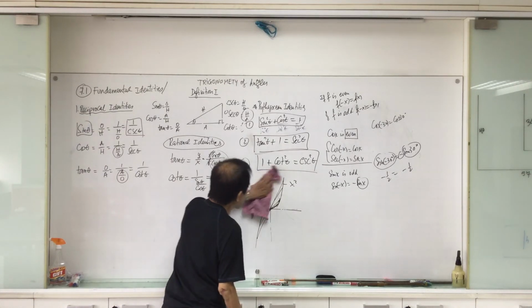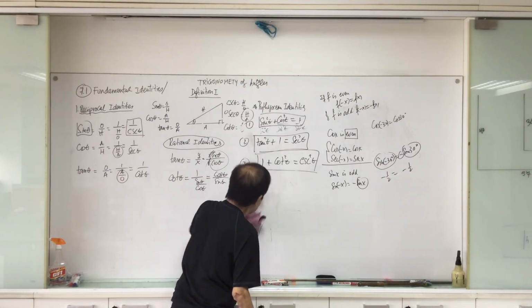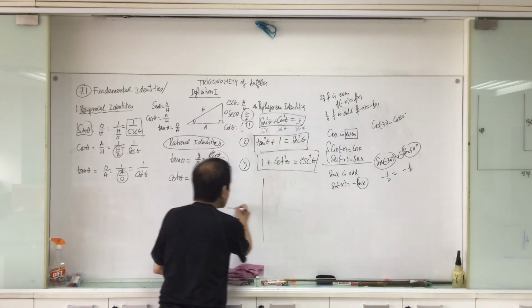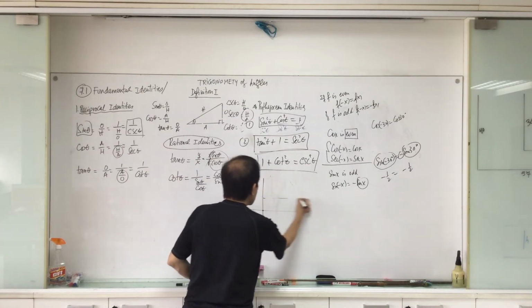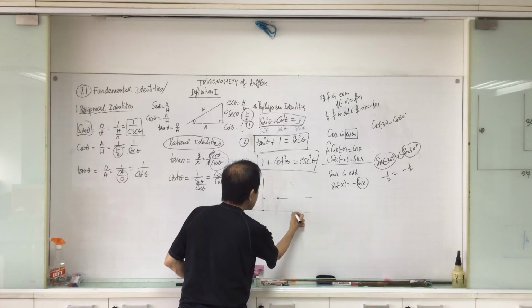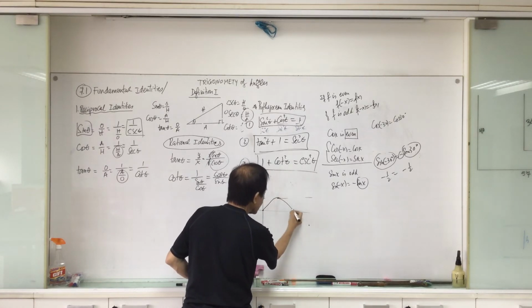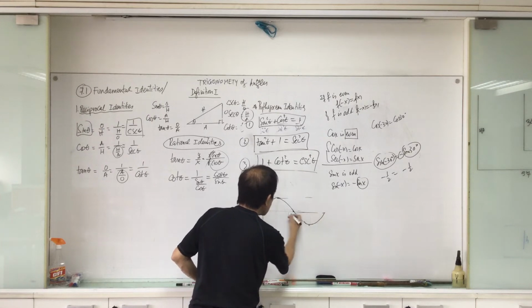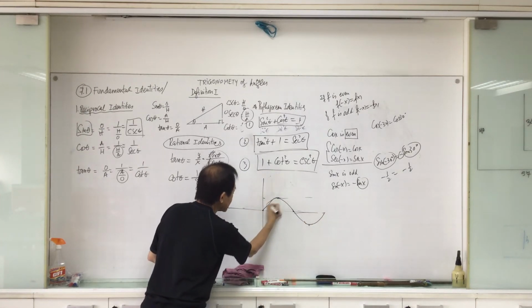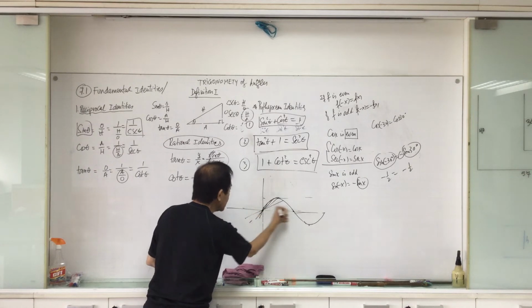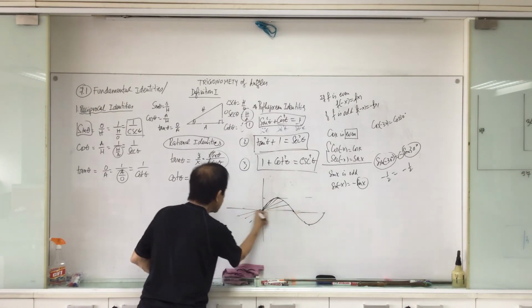Or also, you want to see the function sine. The graph of sine looks like this. You have from here, let's say you have this and this and this, so you get a function like this, right? Okay, so now you look at this. You have the point here, you go to here, you get this point, right? You go to here, you get this point, and here, you get this point, and you go to here, you get this point.